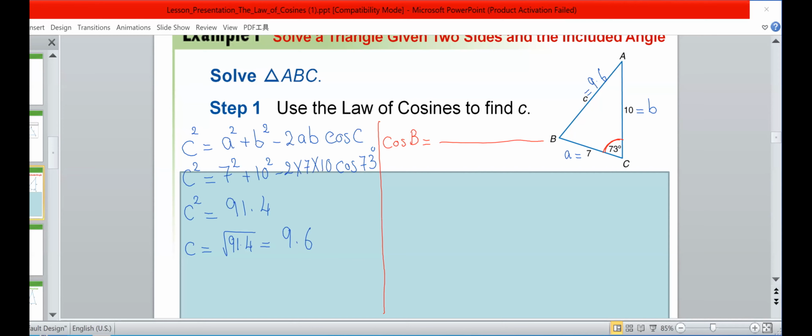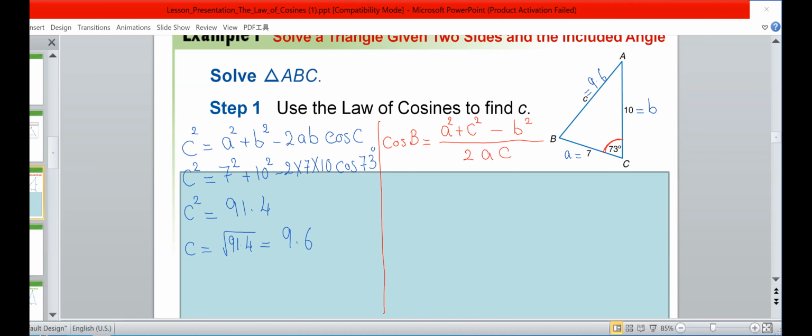I take B, the remainder is A and C. So I write A power 2 plus C power 2, minus B power 2, over the first two sides times 2, so 2 multiplied by A multiplied by C.